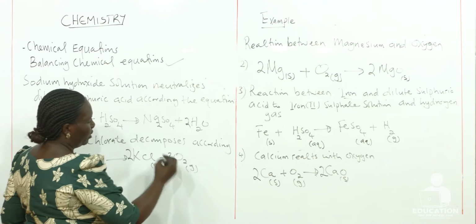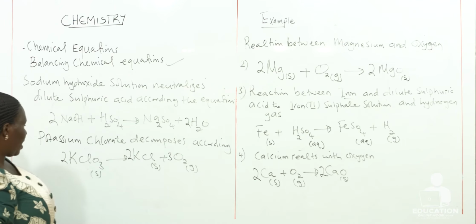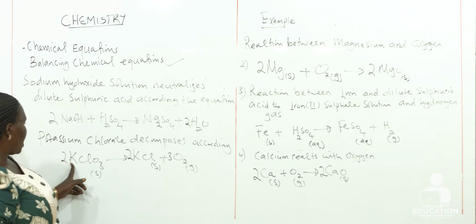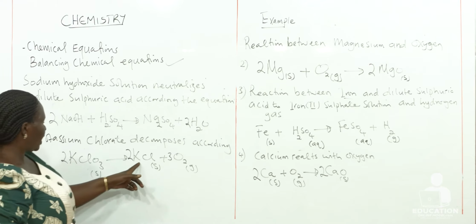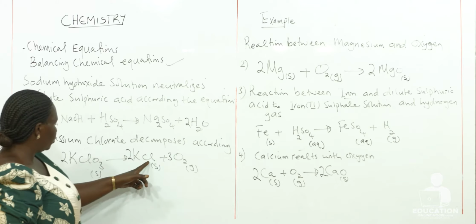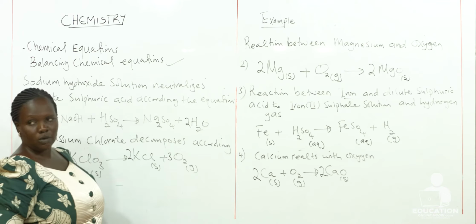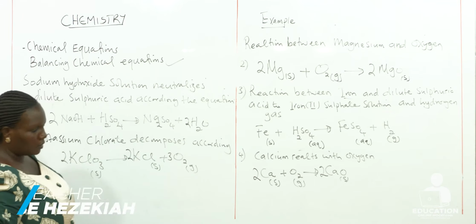Then we put here 3. So this equation is also balanced. We have 2 potassium at the left hand side, and then 2 at the right hand side, 2 chlorine, and then 2 chloride also, and then we have 6 oxygen atoms. So this equation is balanced.